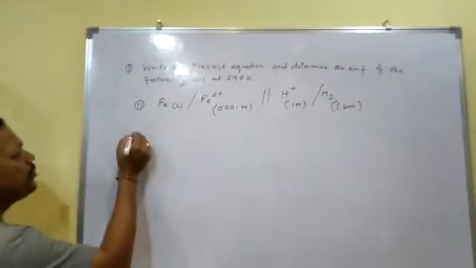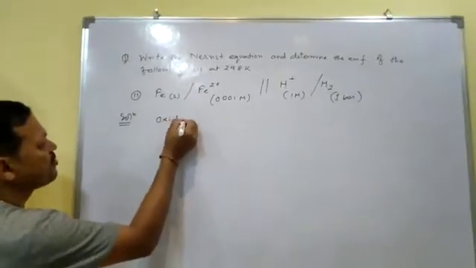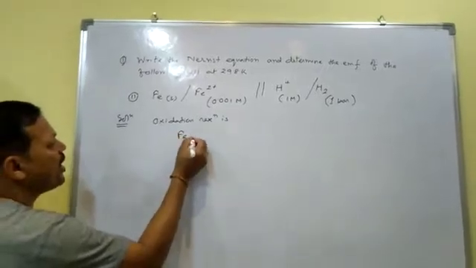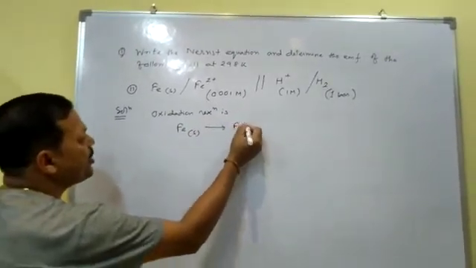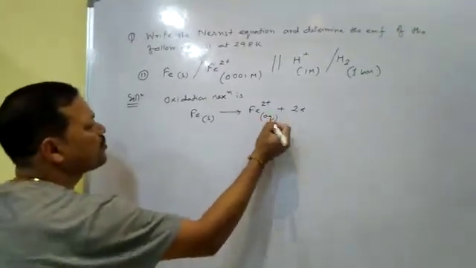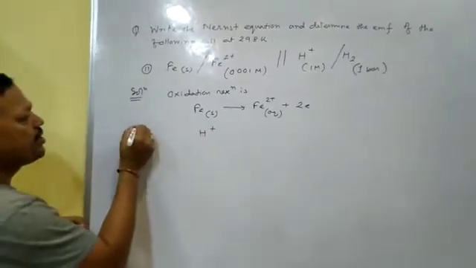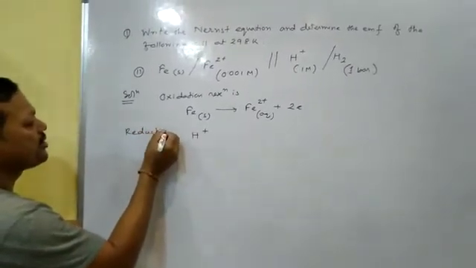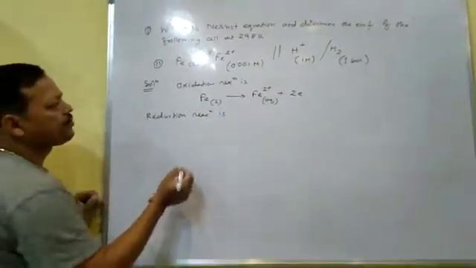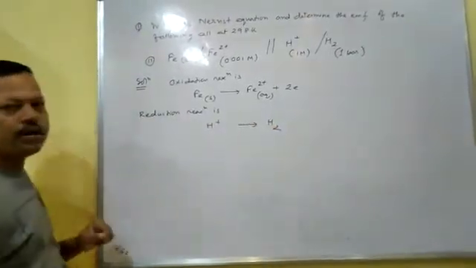Now again you write in the same way. Your oxidation reaction is iron solid converted to iron 2 plus by loss of 2 electrons, and the reduction reaction is H plus converted to H2, but here you have to balance the equation.